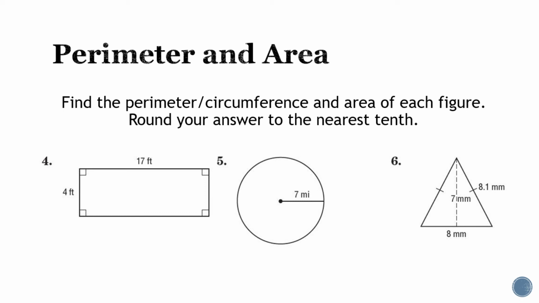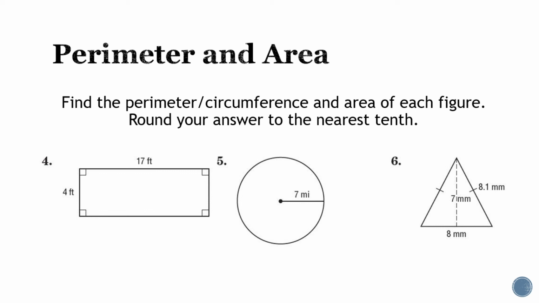Okay, the perimeter of a circle is 2 pi r. 2 times pi is still 2 pi. 2 times 7 is 14. So our perimeter is 14 pi miles. And then you can round to the nearest tenth. So if you round to the nearest tenth, I actually have to plug this into a calculator.